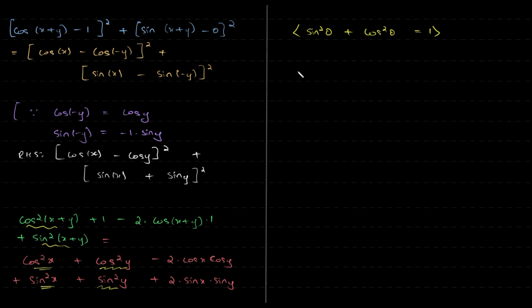So we have on the LHS 1 plus 1 minus 2 cos of (x plus y), which is equal to, and on the RHS we have 1 plus 1 minus 2 cos x cos y plus 2 sin x sin y.